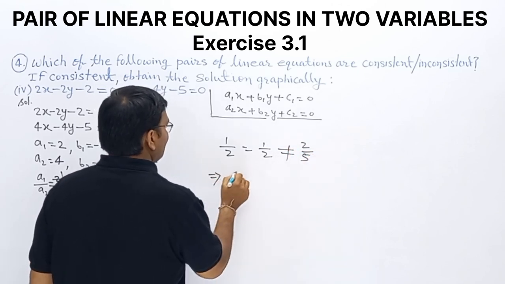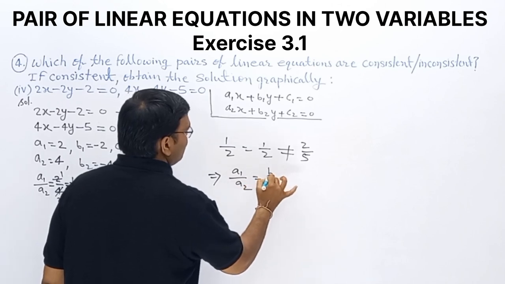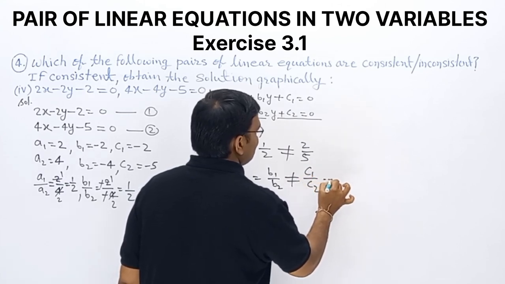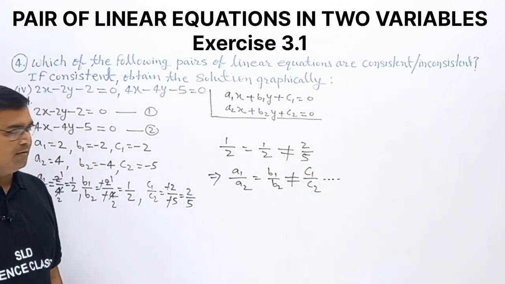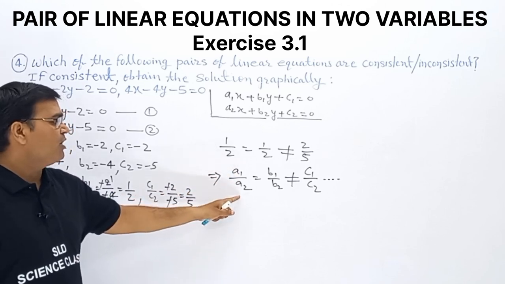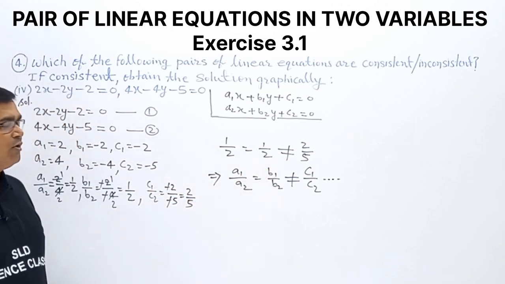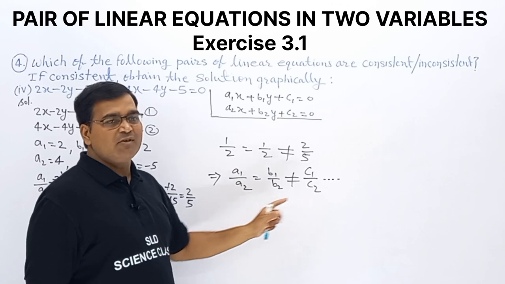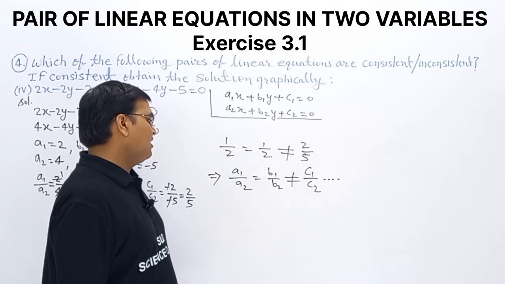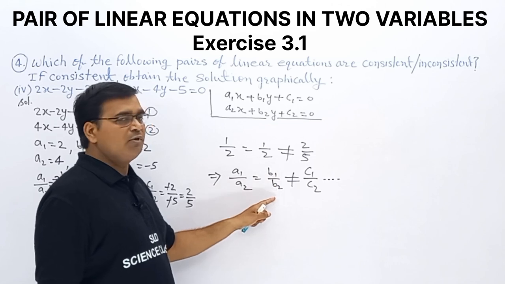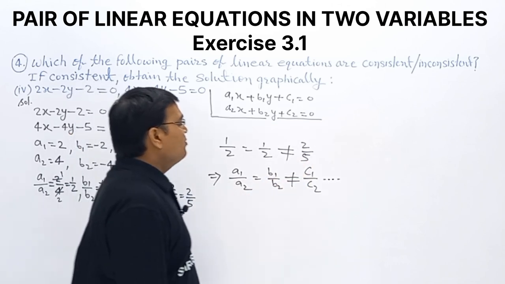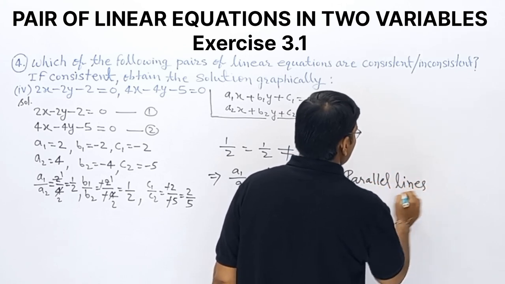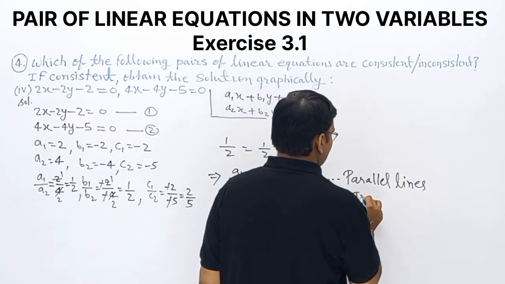This is the condition of parallel lines. If a1 upon a2 is not equal to b1 upon b2, the lines are intersecting. If a1 upon a2 equal to b1 upon b2 equal to c1 upon c2, the lines are coincident. And if a1 upon a2 equal to b1 upon b2 but not equal to c1 upon c2, the lines are parallel, and parallel lines are inconsistent.